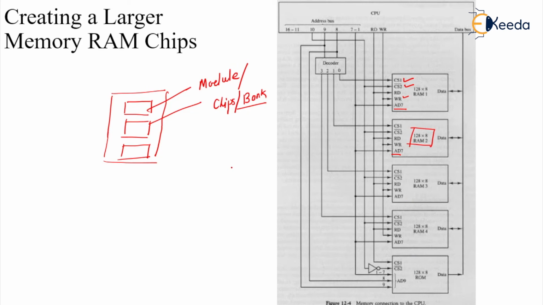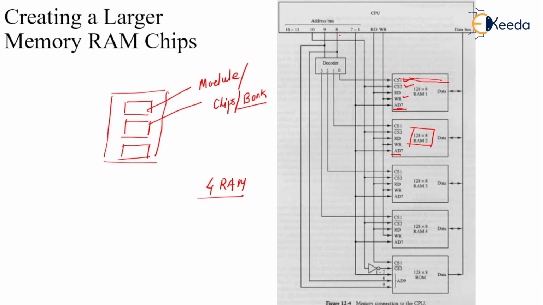So we have 4 RAMs here in this case. What is the idea here? Here 1 to 7, a 7-bit address, is used for decoding the address within this chip. 1 to 7, 128, which location we are talking about.